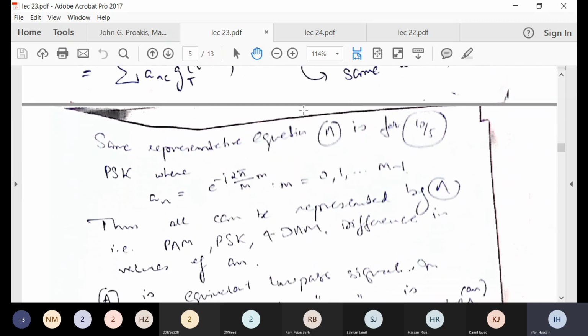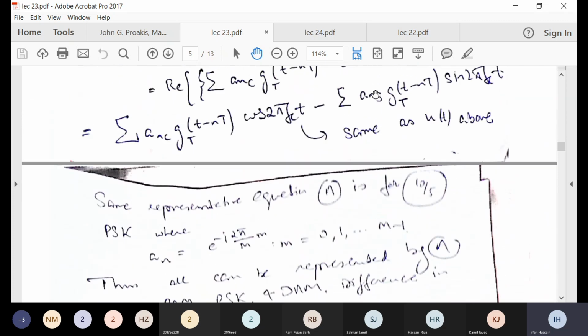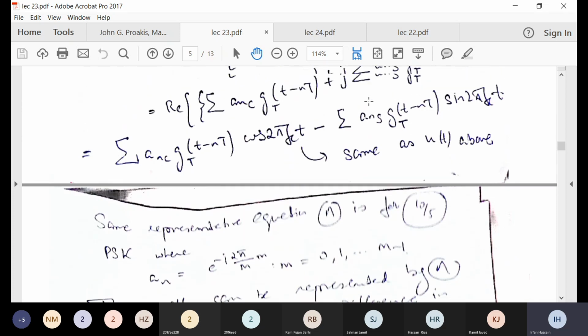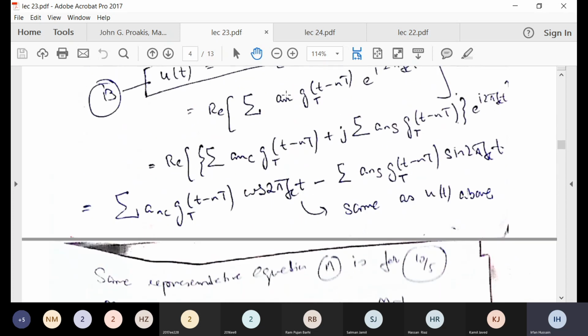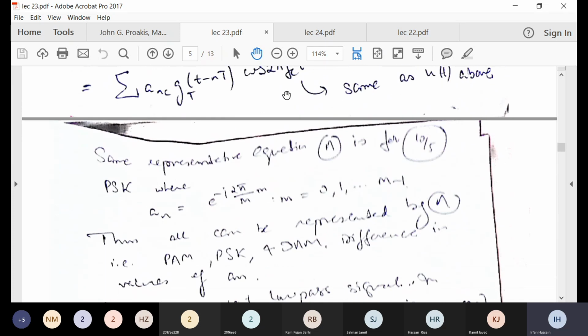Similarly for PSK, exactly the same working, but your A_nc and A_ns are a bit different compared to the A_n of QAM, which we saw in the constellation diagram. Here the A_n are on the same radius, and they are just phase shifted depending on whatever M we have. For example, we were using 8, so they were dividing 360 degrees by 8.